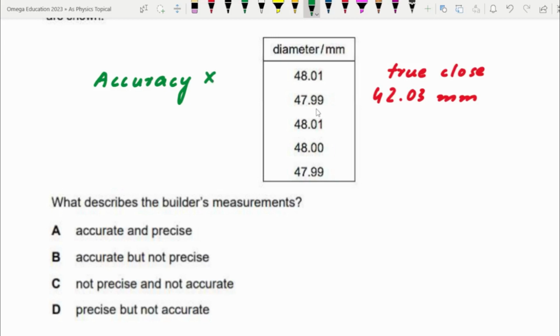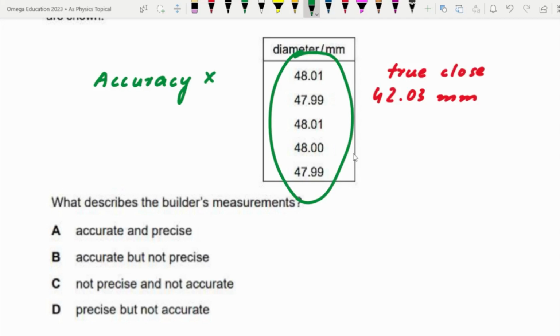You see, the readings are quite close to one another. All these readings that the builder has taken, with respect to one another, are very close. Like the maximum deviation or the range of the readings is 0.02, which is quite small compared to the readings that he has made.